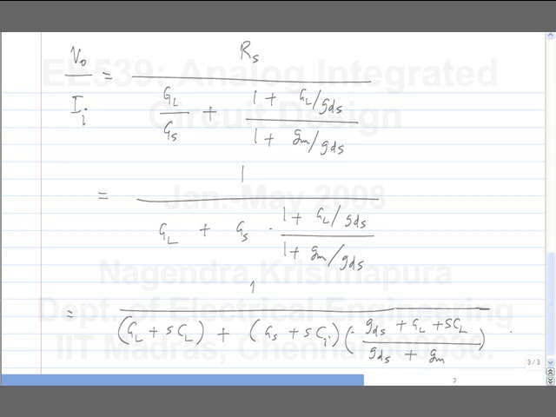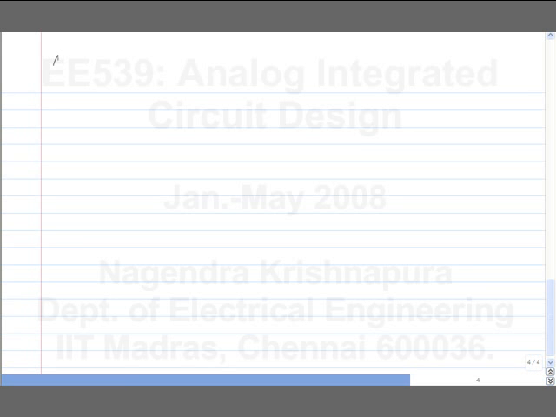So this is what we get. It's some second order expression. I won't bother to expand it, but as you can see, you will get some second order expression. And if you neglect GDS, what do you get? You should get back the original expression. This is V naught by II.